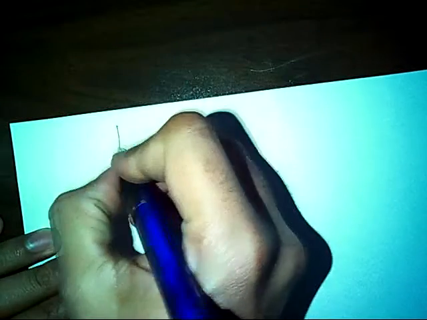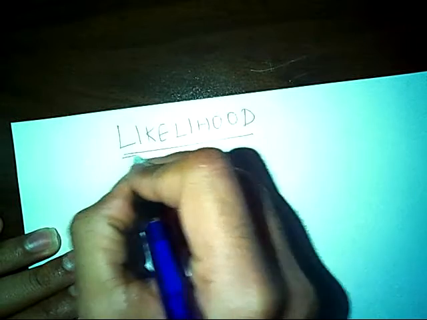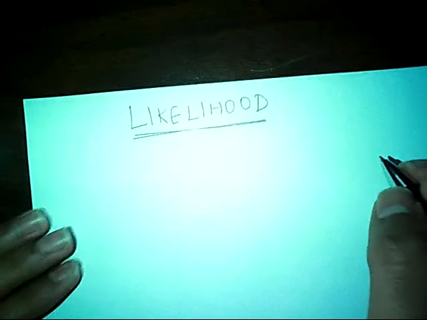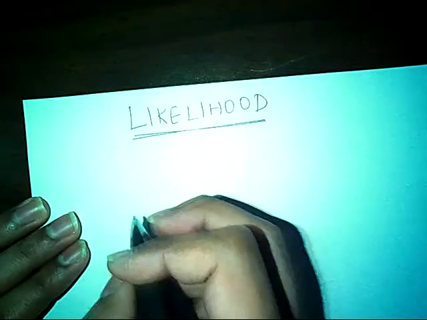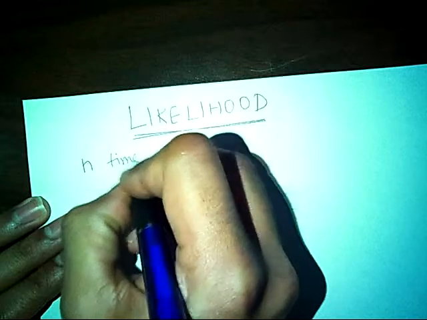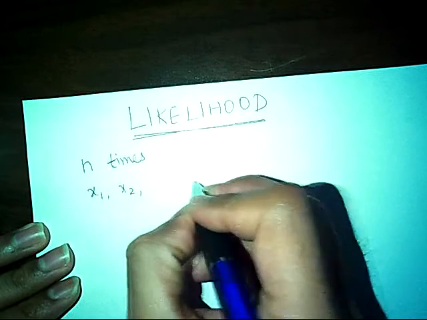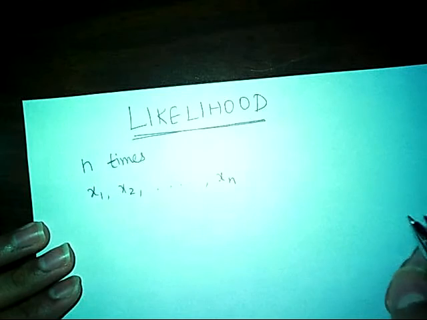Now that we know what Bernoulli distribution is, let me introduce the topic of a likelihood. Let us assume that I have tossed the coin n times and I have obtained the outcomes x1, x2 up to xn.